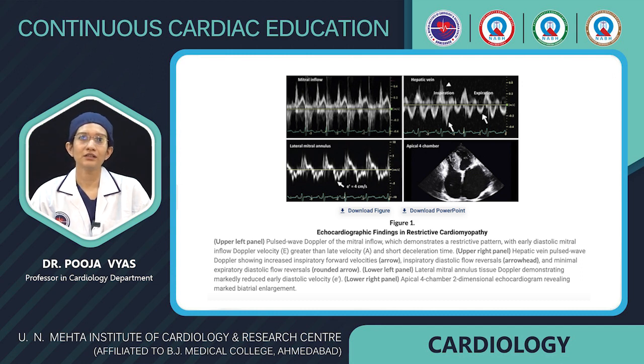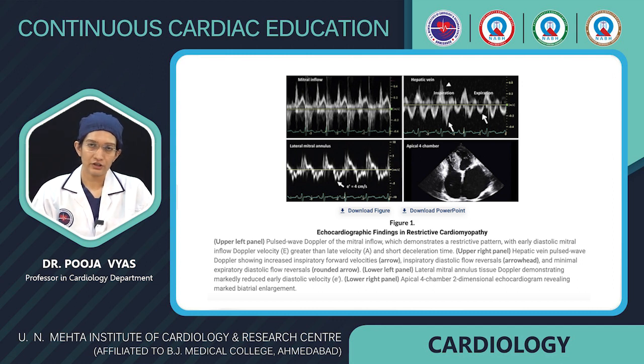At the lateral mitral annulus, we can see that E' is reduced, which is typical of diastolic dysfunction. So E' is reduced, so the E/E' ratio will be more than 15. And in the lower right image we can see a granular pattern of the ventricular walls. Biventricular wall thickness is increased, and there is also biatrial enlargement.